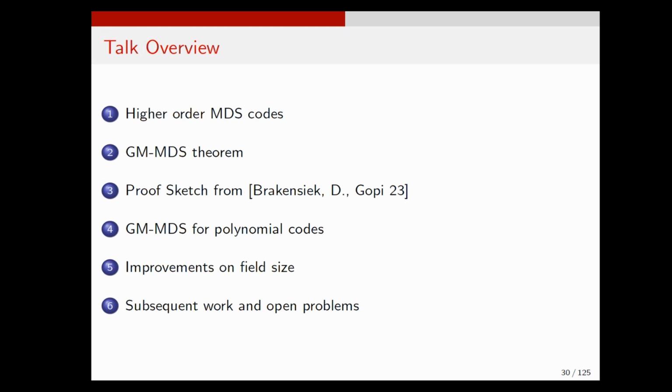If we have time, we'll look at the proof sketch. This I might skip if I feel I'm running out of time. And then we look at this GM-MDS theorem for a larger family of codes, which will let us go to an AG code result. And then we see how these things are put together to give us exactly the field size for our AG code, and we'll end the talk with some more recent work and some open problems in this area.